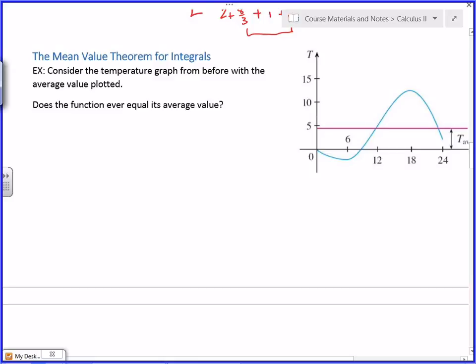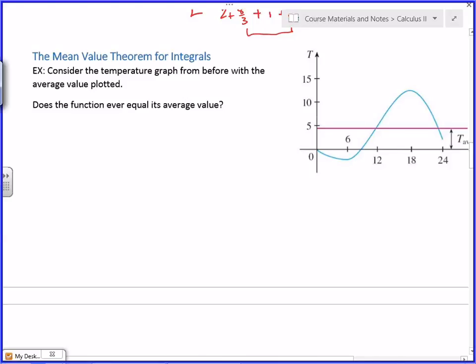It's basically saying that when you do have an average value of a function, if the function's continuous, there's somewhere in that interval where the function has to equal its average value. Right? If it's going to be continuous, it has to equal its average value somewhere. Kind of makes sense, but we can prove mathematically that has to be the case.